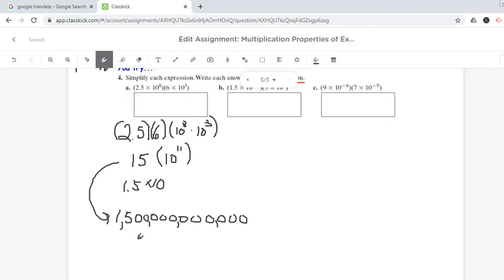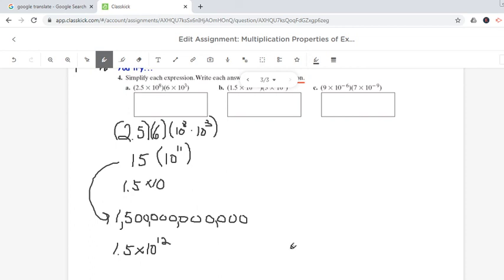Now, we want the decimal to be right here. So it would be 1, 2, 3, 4, 5, 6, 7, 8, 9, 10, 11, 12. 12. So that's why the answer is 1.5 times 10 to the 12.